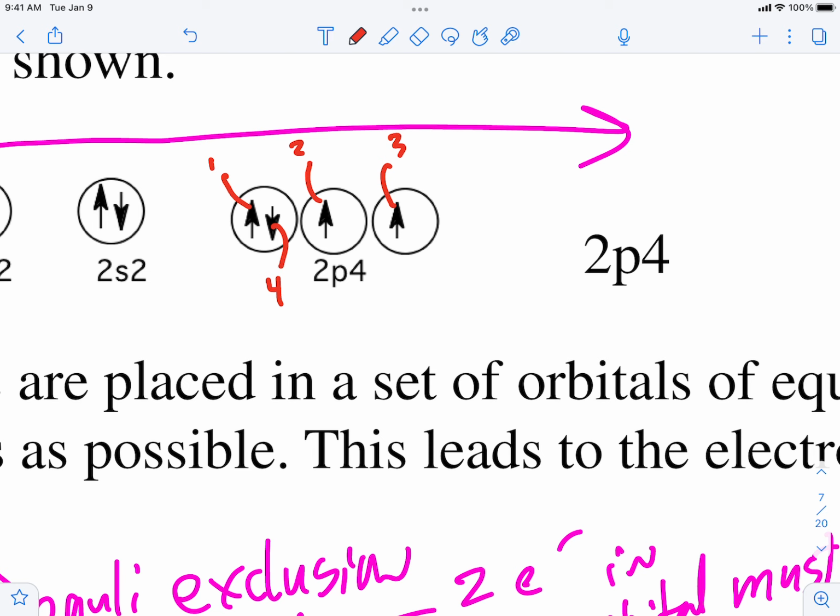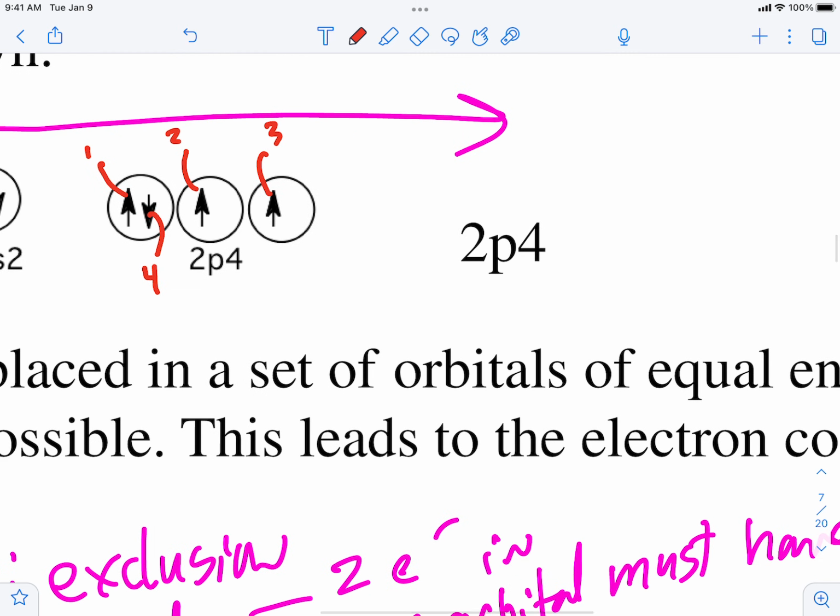They are order specific. And the reason why they are order specific is because you cannot bunch up electrons because they're going to repel each other, and if they repel each other, they're going to spread out.